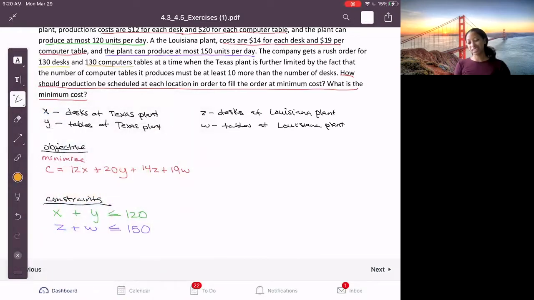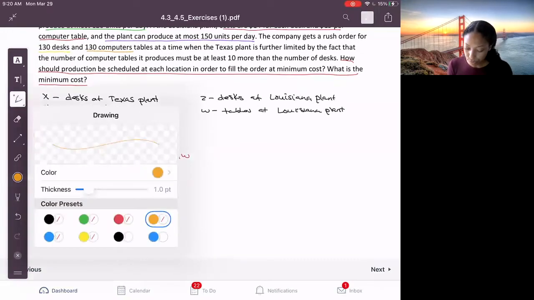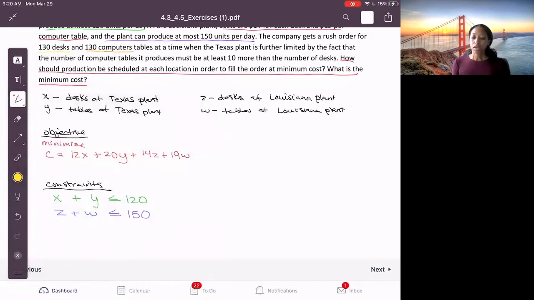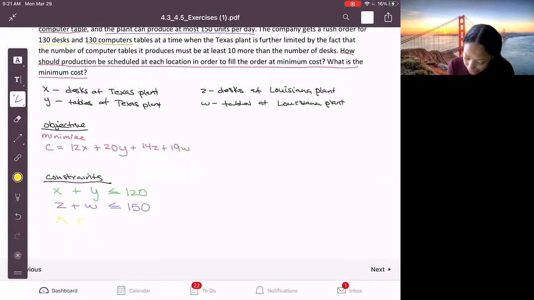130 computers. All right, so we need 130 desks and 130 computers. From our variables, which variables represent desk? If you look at what we have up there, X is the number of desks from Texas, Z is the number of desks from Louisiana. We want to put those things together. X plus Z has to be, we need at least 130 of them.